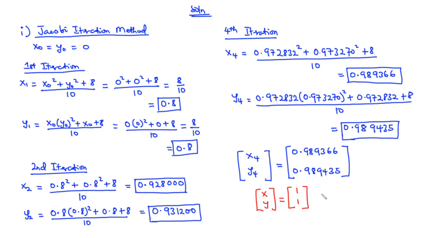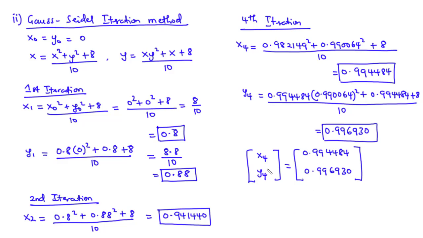As I said earlier, you realize that these two values, x4, y4, are getting closer to the actual root, which is 1, 1. Also, for these two values, x4, y4, they are also getting closer to the root, which is 1, 1.